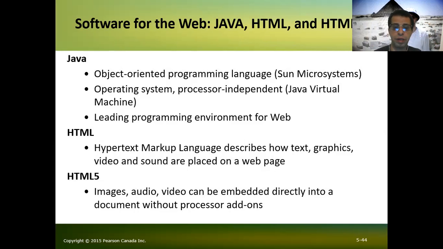You can use Linux also. Operating system processors like the Java virtual machine are the leading programming environment for the web. And then you have HTML, which is hypertext markup language, where graphics, videos, and sound are placed on the web. And then you have HTML5, where images, audio, and video can be embedded directly into the document without processing add-ons.